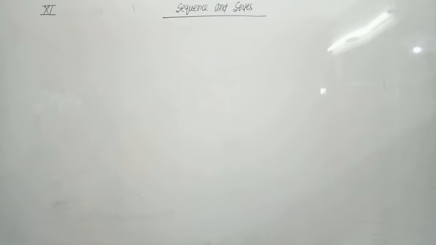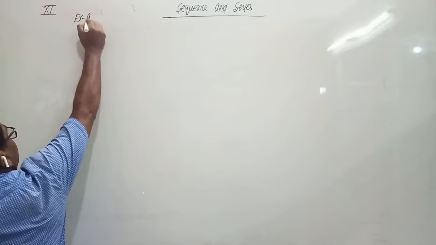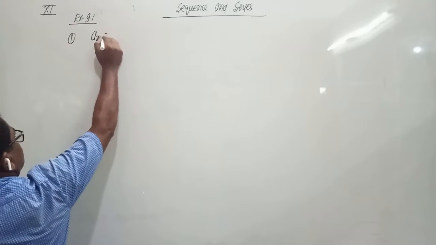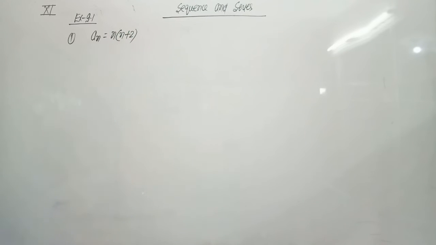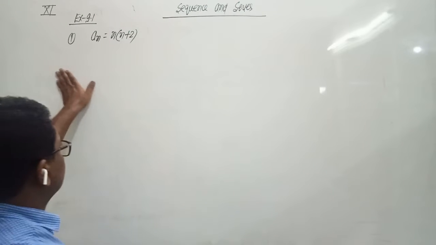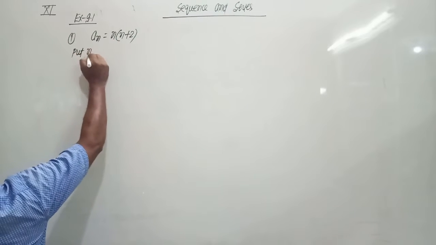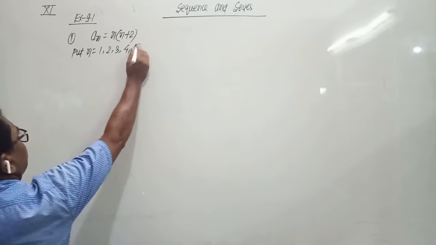We have to write the first 5 terms of each of the sequences. The nth term of a sequence is given: An equals n into n plus 2. So we put n equals 1, 2, 3, 4 and 5.